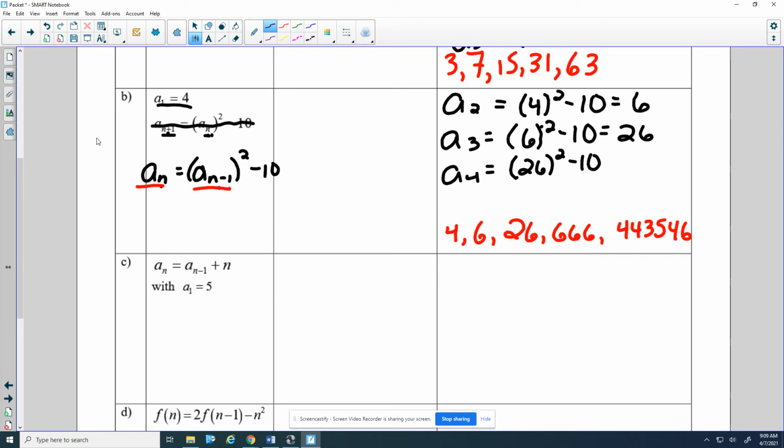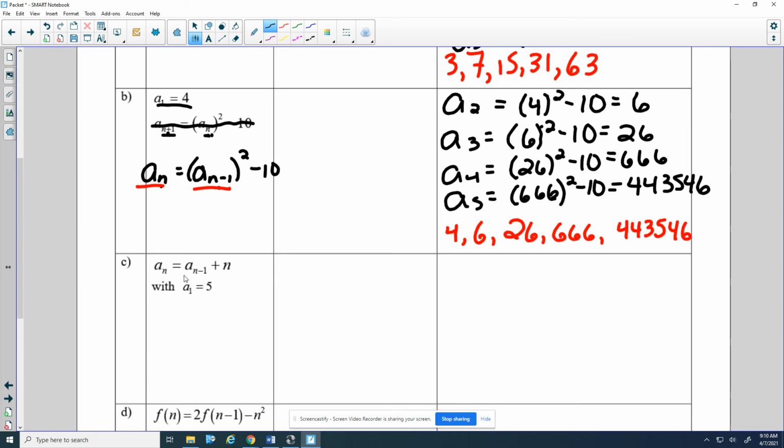Take the last one squared minus 10, and that's 666. Take the last one squared minus 10, and that is 443,546.